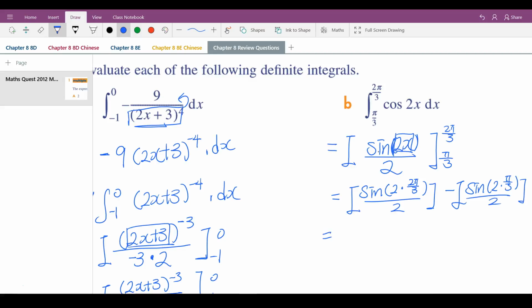So this is just sine 4 pi over 3 all over 2 minus sine 2 pi over 3 all over 2.